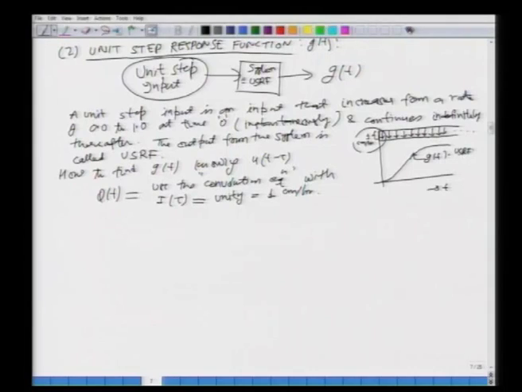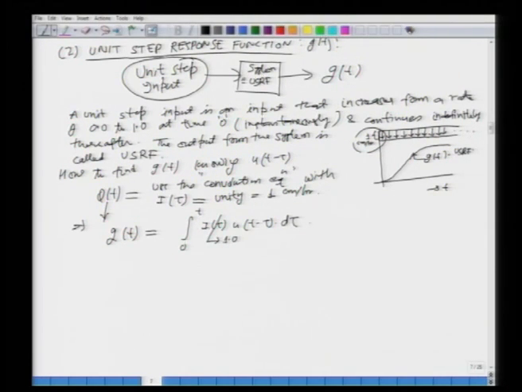So, what is this? That means what is Q? Q is nothing but your G. This is equal to what? 0 to t. What was your convolution equation? Well, it was I(τ) u(t − τ) dτ, and what we are saying is that this I is equal to 1.0.